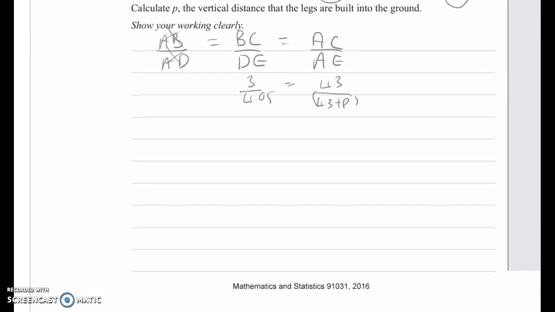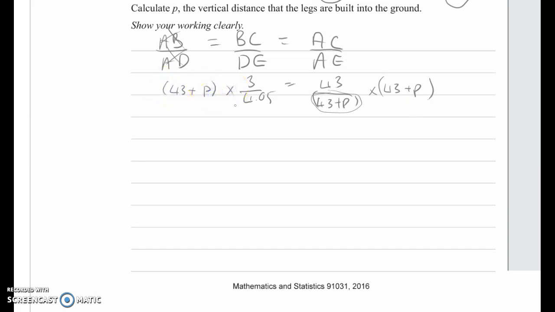Now, I need to solve for P. I want to get this up to the top, so I'm going to times this by 43 plus P as a whole thing. If I do it to my right hand side, I need to do it to my left hand side as well.